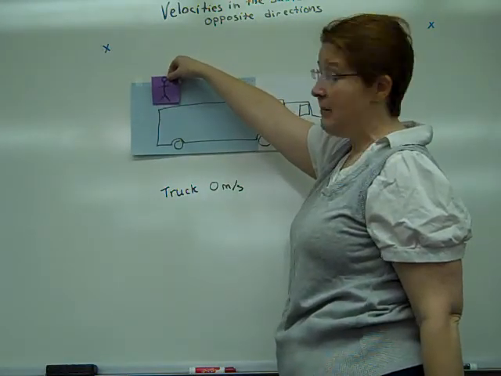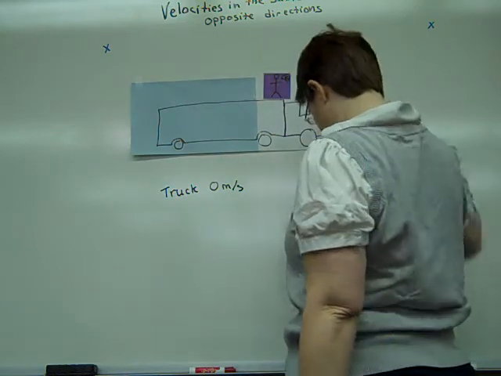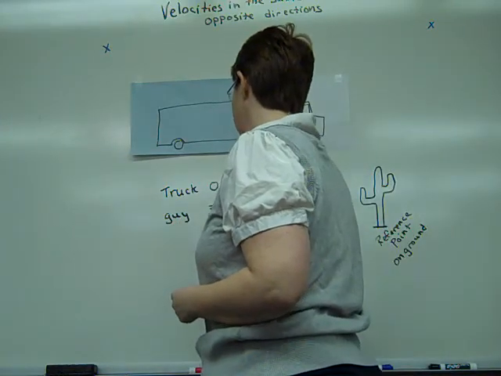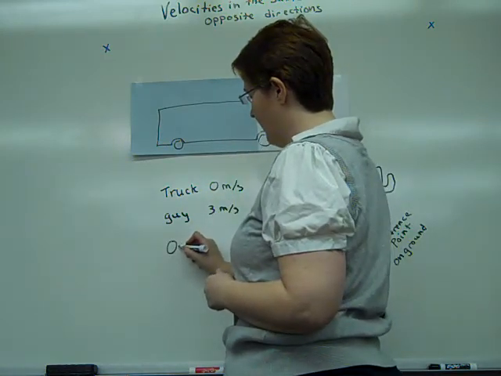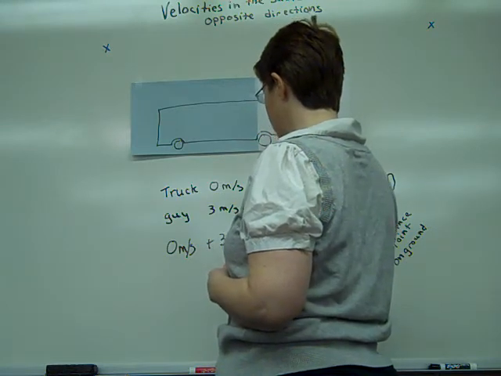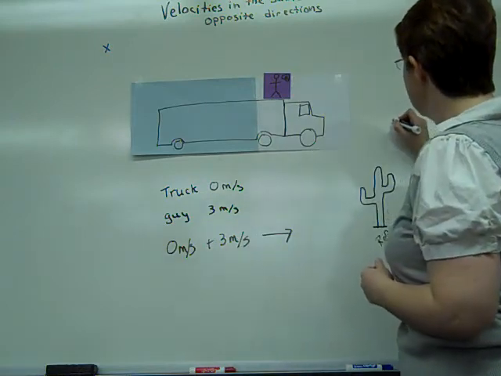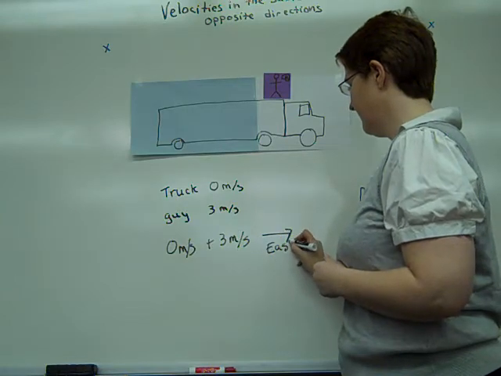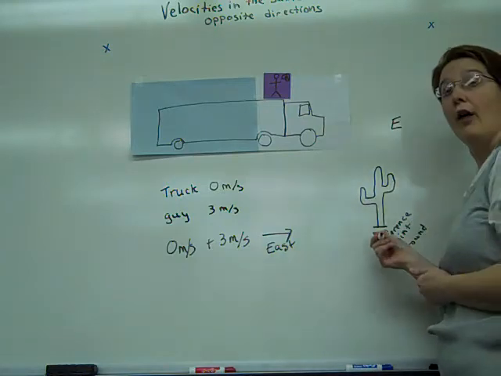So if our guy goes 3 meters per second, then you add 0 meters per second plus 3 meters per second, and it's in this direction. And we're going to call this east. So our guy's going 3 meters per second east compared to the ground.